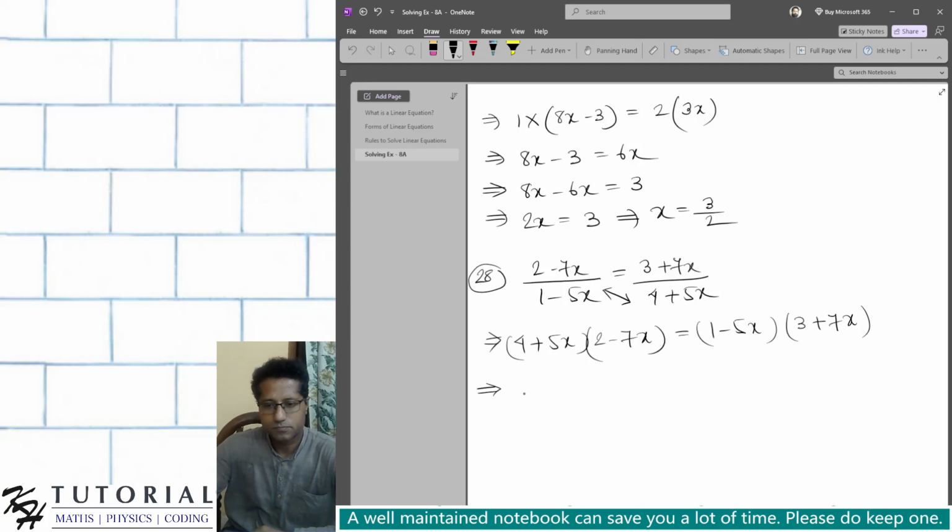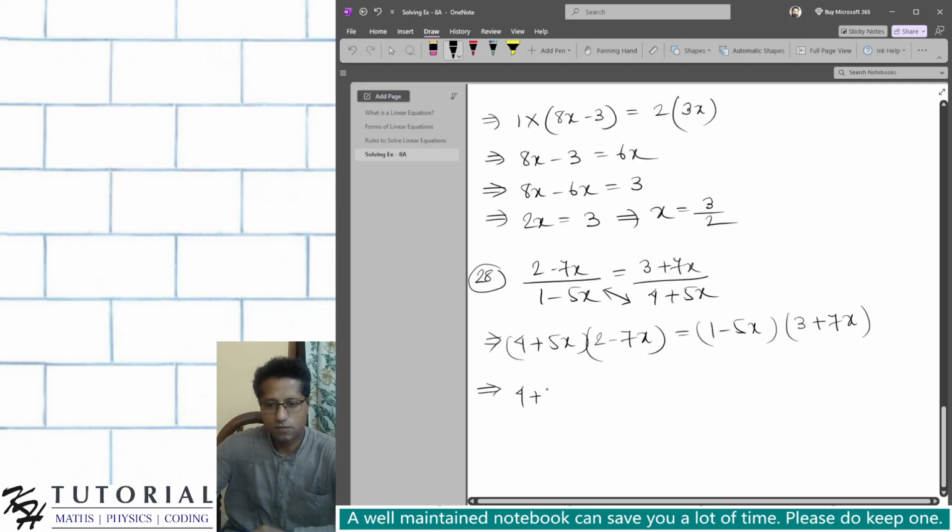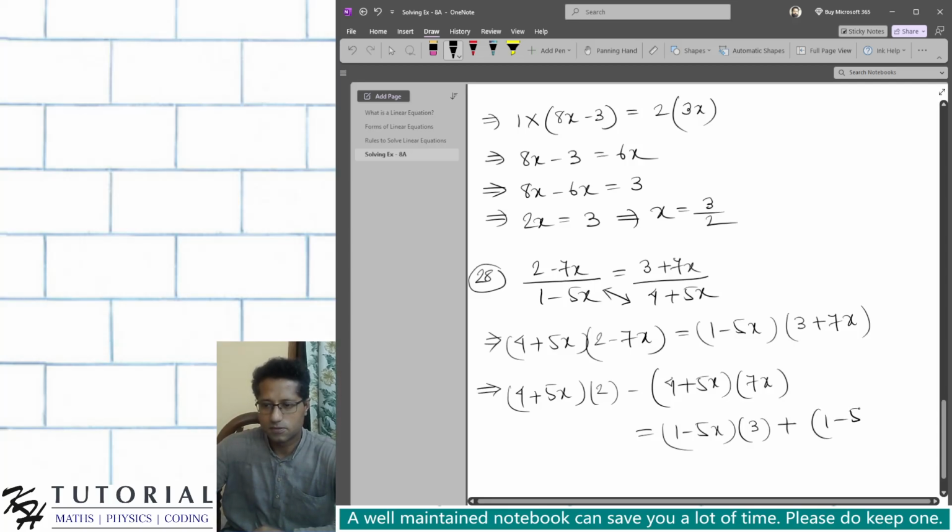I get the LHS as (4 plus 5x) multiplied by 2 minus (4 plus 5x) multiplied by 7x is equal to, the right hand side becomes (1 minus 5x) multiplied by 3 plus (1 minus 5x) multiplied by 7x.